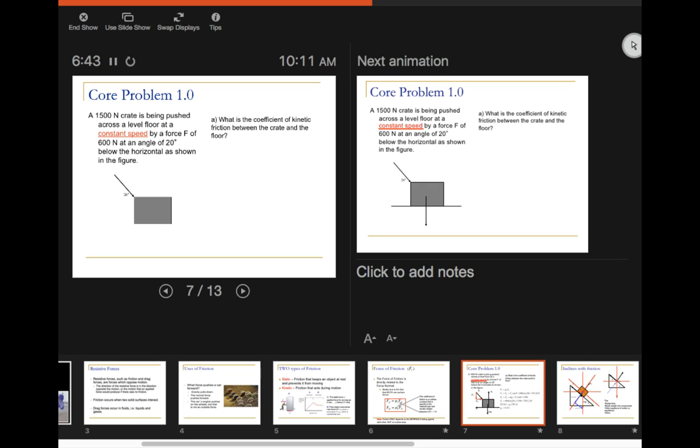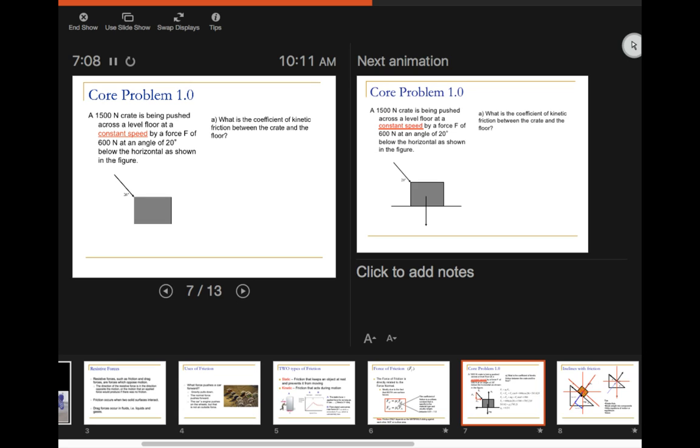I've got a 1,500 Newton crate that's being pushed across the level floor at constant speed. And boy, you're going to hear constant speed a lot, and I'll explain why as this problem progresses. So we are pushing this 1,500 Newton crate by a force of 600 newtons, but that force is being pushed at an angle.